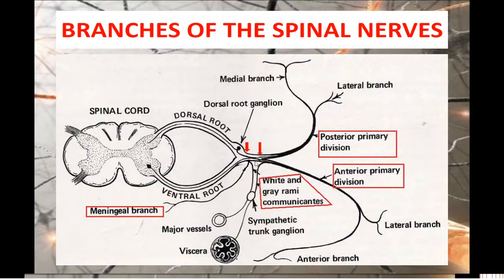Some of the spinal nerves have wide communicating branches, especially spinal nerves taking origin from the segments of the spinal cord with the lateral horns, especially with the intermediate lateral nucleus.